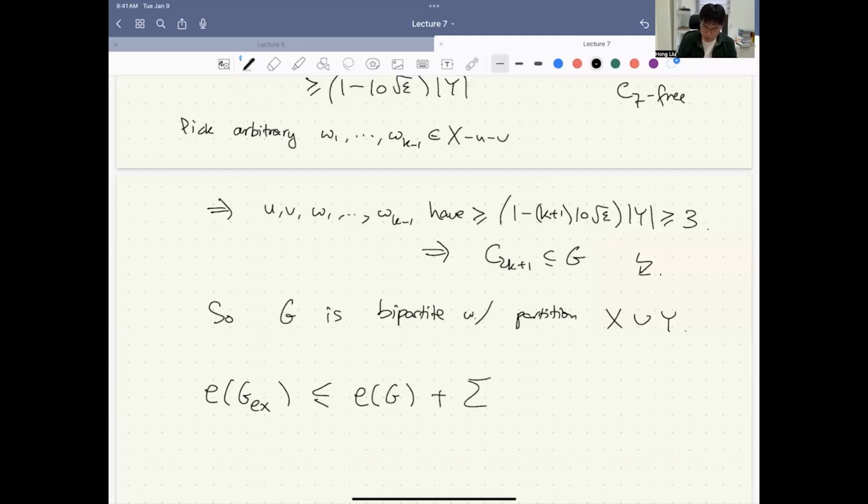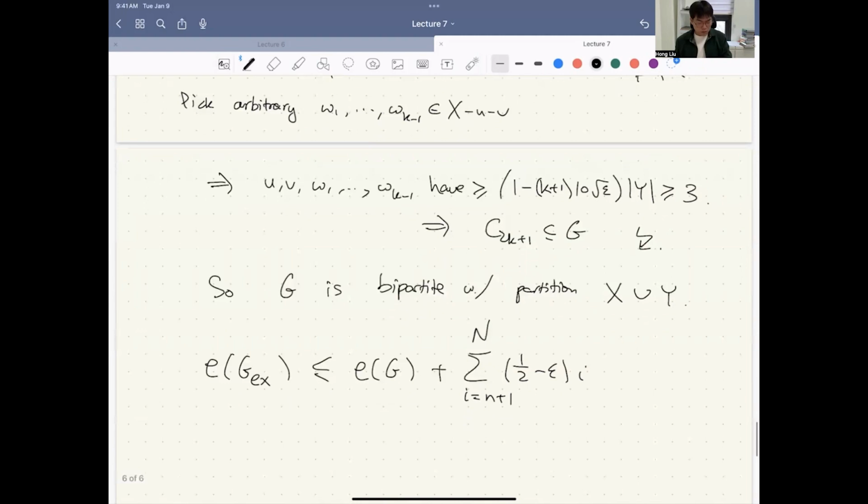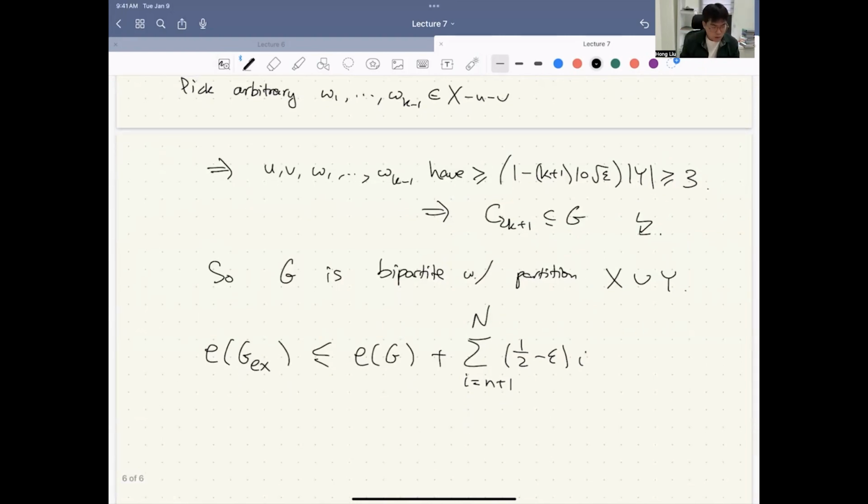Remember that at every step we remove a low degree vertex to obtain the next one, to boost the minimum degree.